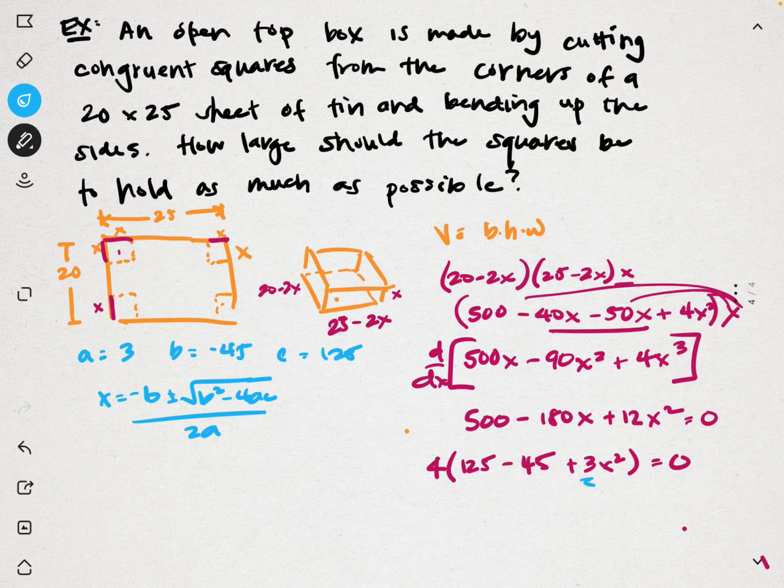The reason it's too big is because we can't cut 11 from each side here for the 20, because then that would be too big. We'd be cutting through the whole box. So let's try the negative one.